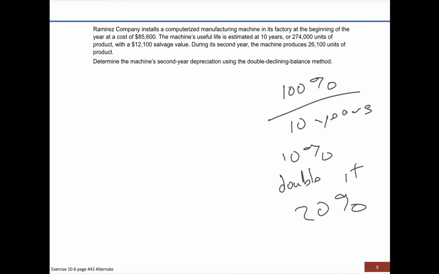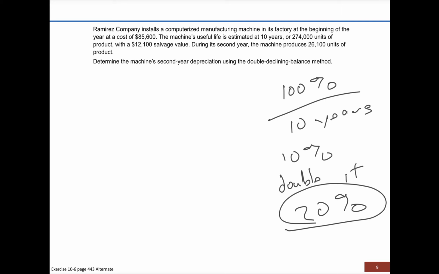So that means 20% is the percentage that I will use to depreciate. So each year, I will look at what the book value is at the time point where I'm calculating depreciation. I will multiply that number times 20% each year until I get to my depreciable cost. Okay, so it's asking for second year.